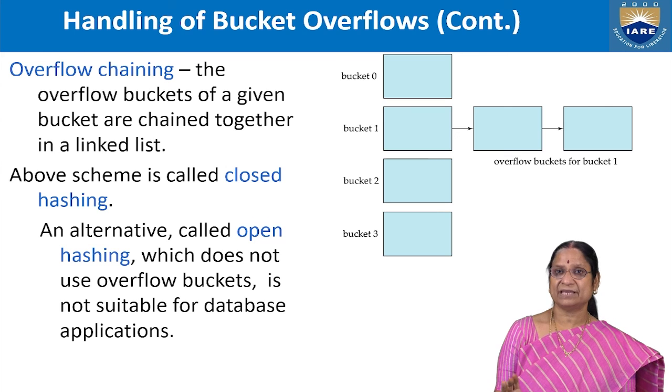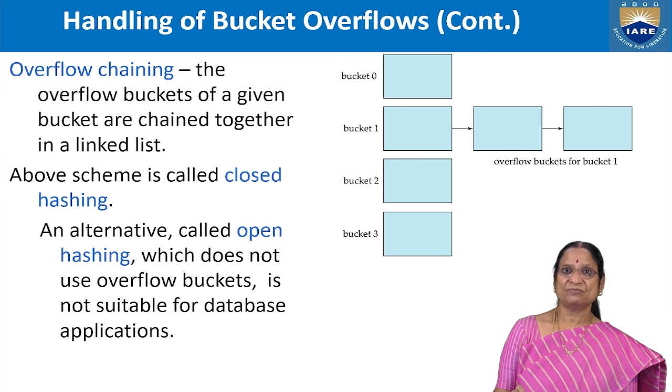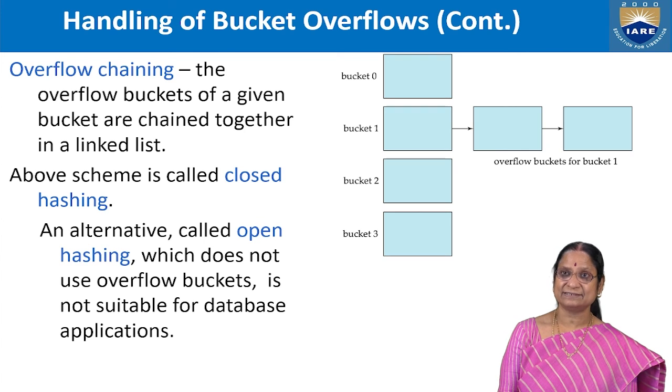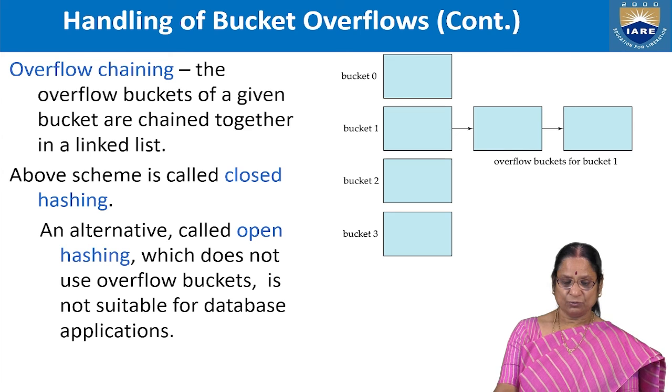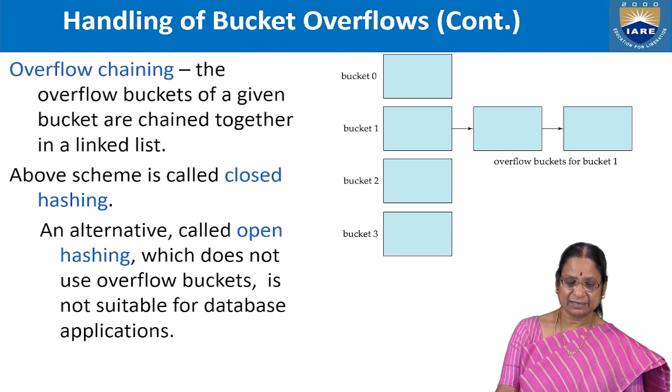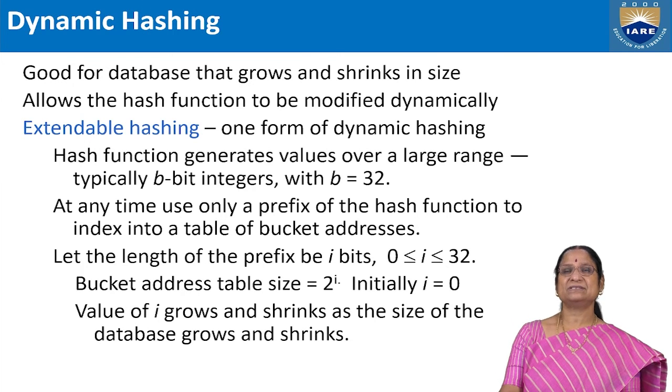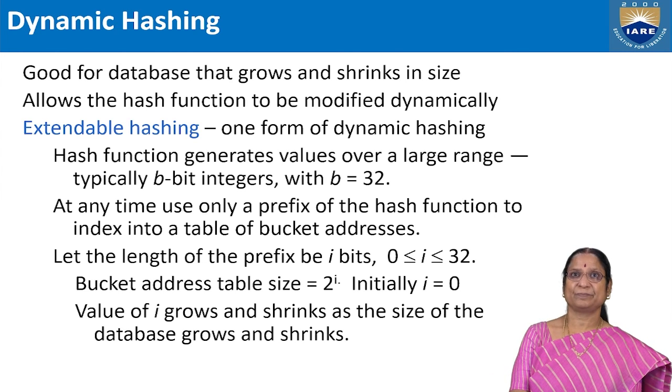Such hashing is known as closed hashing, where a fixed number of bucket addresses exists. Alternatively, open hashing does not use overflow buckets. It is suitable for database applications where the database is frequently growing and shrinking.